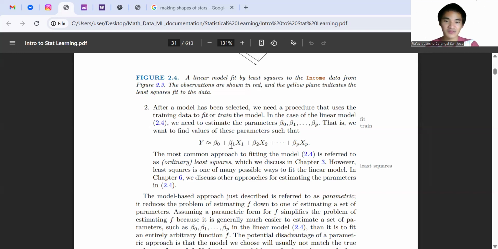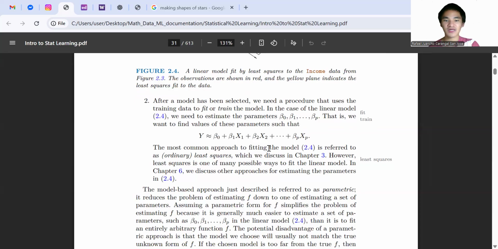These are numbers, right? These are numbers such that they're estimated to be the output Y. And so this is more or less how we can predict or how we can infer something. And then the most common approach to fitting the model is referred to as ordinary least squares. So this is a method on how we can fit a curve to a model. And we're going to discuss this in chapter 3. However, least squares is one of the many possible ways to fit the linear model. In chapter 6, we discuss other approaches for estimating the parameters.